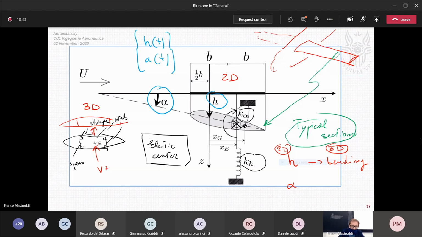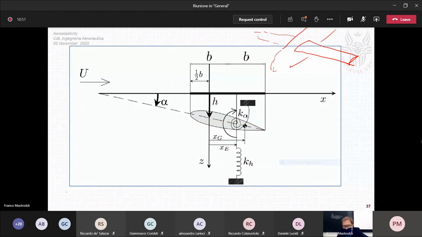This is our state space vector. So the role of h is the role of bending. The role of alpha is the role of torsion angle.